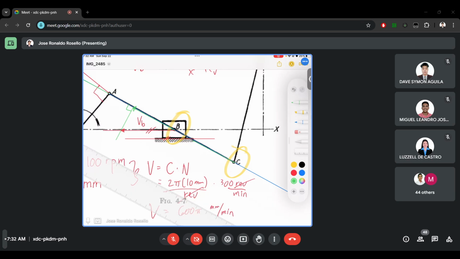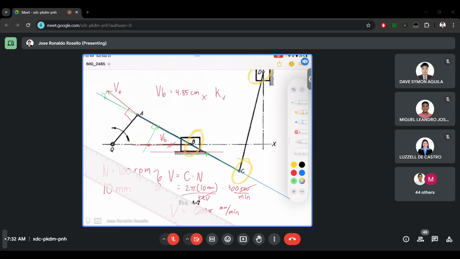So this is the component. Again, this is the component from velocity A copied to B, and this is also copied to C because they are all on the same link. Now let's make the perpendicular component. Again, we know that the perpendicular component is going to the left because the mechanism's movement is going to the left.